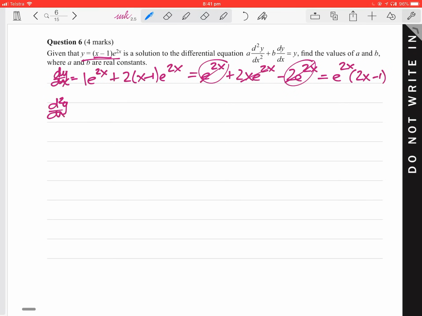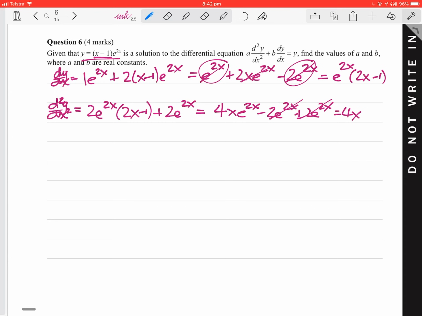Okay, d squared y dx squared. Let's derive the e to the 2x: 2e to the 2x times 2x minus 1, plus derive that, we get 2e to the 2x, which is 4x e to the 2x minus 2e to the 2x, plus 2e to the 2x. That's nice, they cancel. So I get 4x e to the 2x.